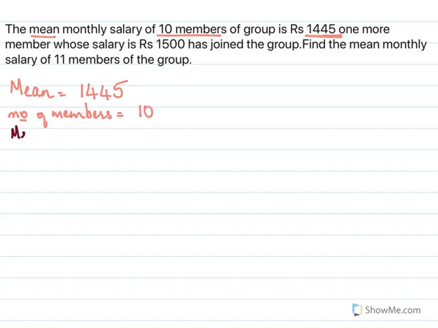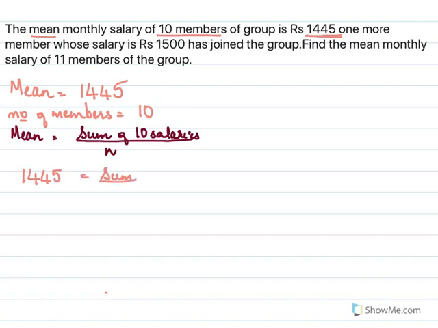So we have the mean equal to the sum of 10 salaries divided by the number of members. So the mean we know is 1445 equal to sum over number of members, which is 10.